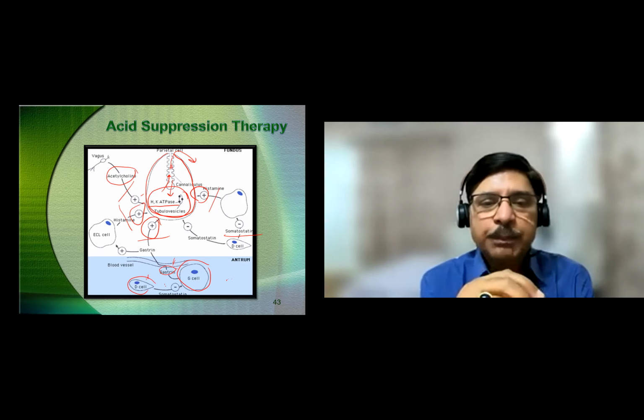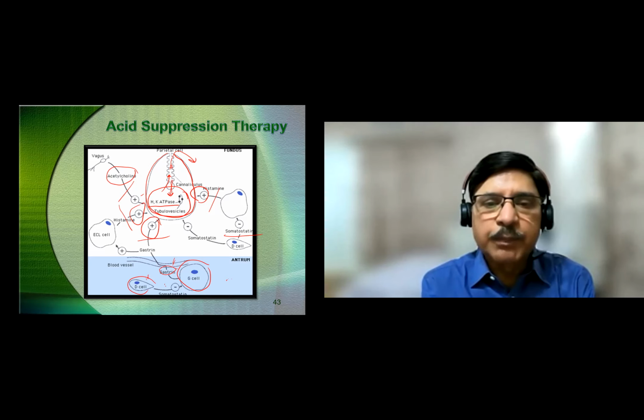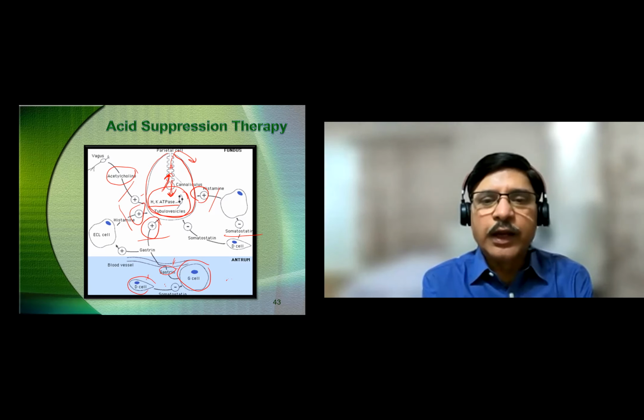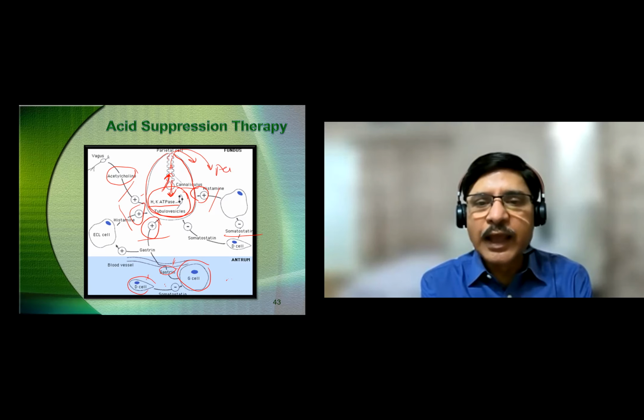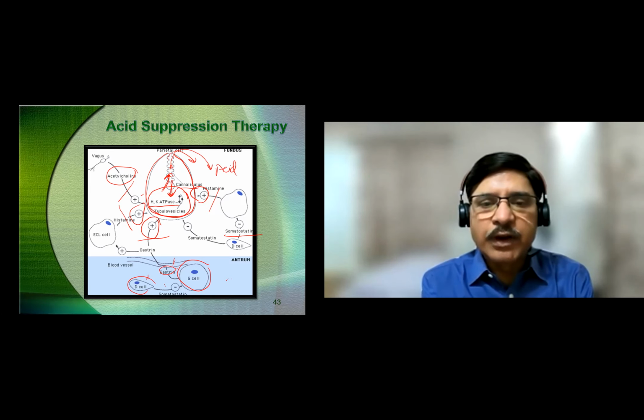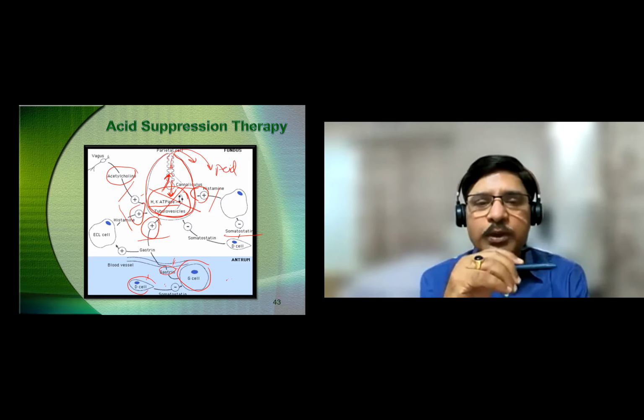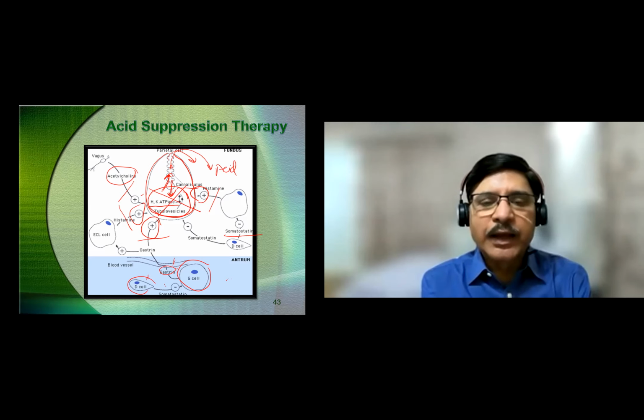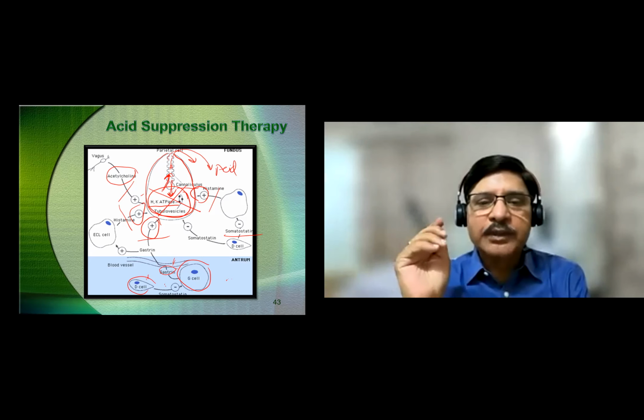What is the proton pump? It accepts one potassium inside and secretes one hydrogen into the canaliculus, which leaks into the fundus as the acid. And these drugs, proton pump inhibitors, block that. So whatever the mechanism may be, the final common pathway is blocked.